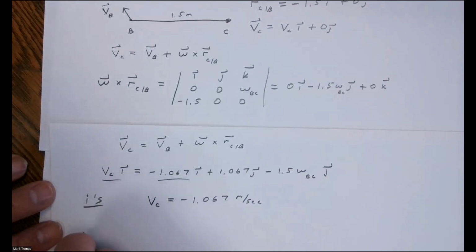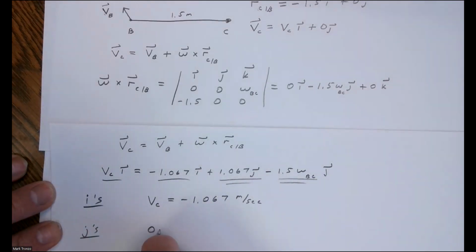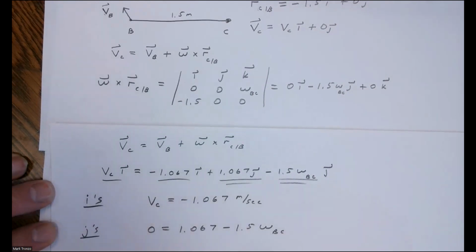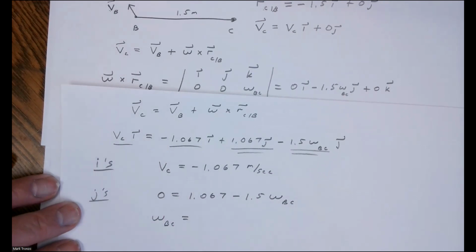And then for the j's, set all the j coefficients equal. This is going to be 0 equals 1.067 minus 1.5 omega BC. And we'll work that out: 0.7071 radians per second.